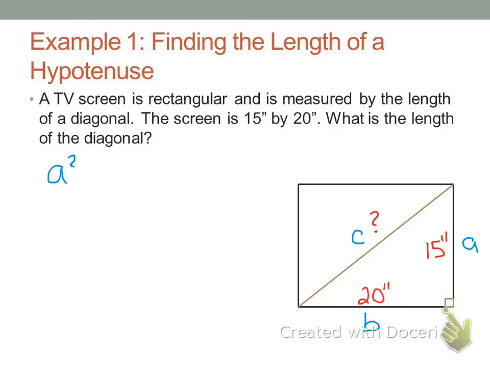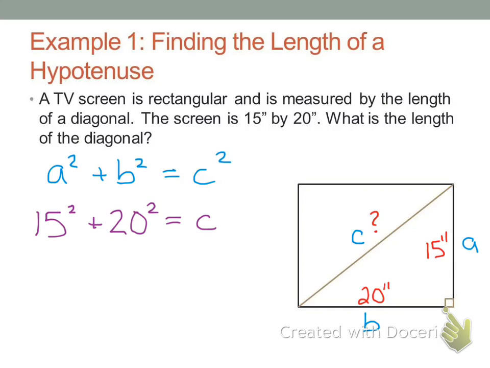A squared plus B squared equals C squared. And now I'm going to plug in the numbers where they go. 15 squared plus 20 squared equals C squared.